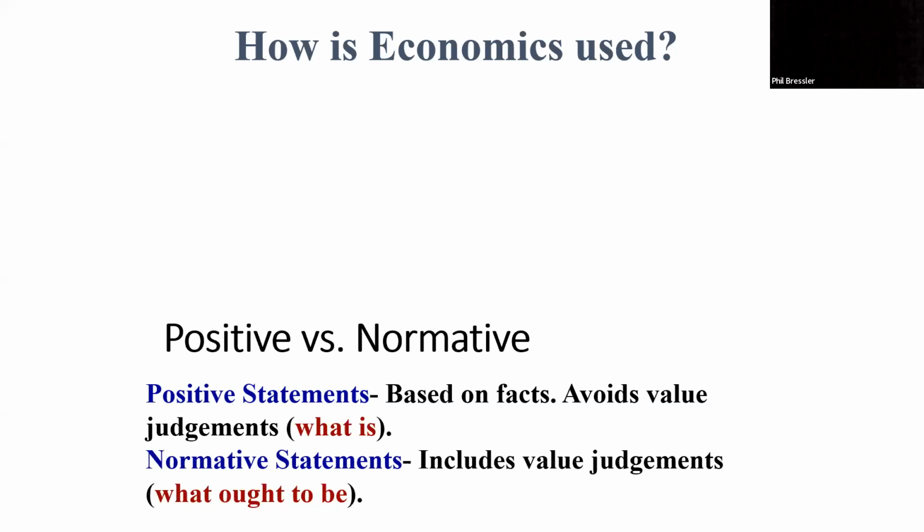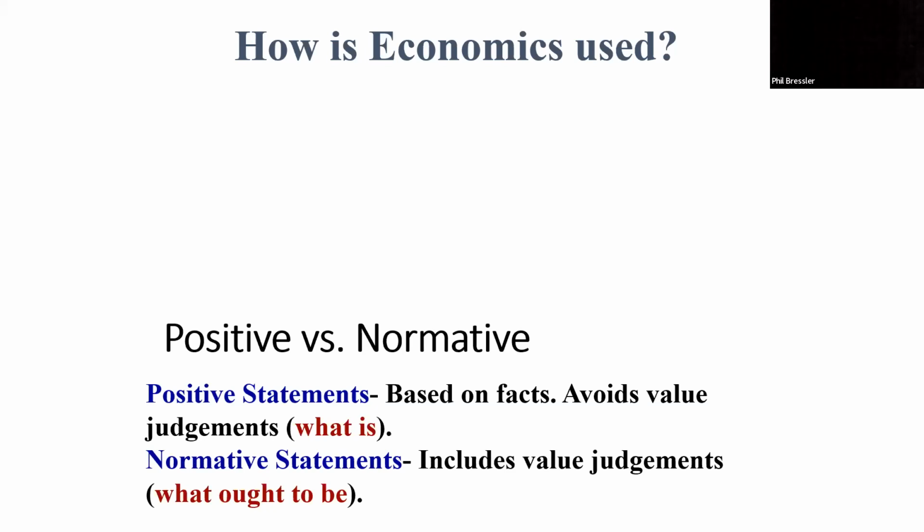The normative statement is more like a value judgment. So like Calvert Hall has 1,300 students. Why? Because we offer a diverse curriculum. Or why? Because Baltimore County schools are a mess. All of those are normative statements. They're not a fact. They're just judgments and values that we think is correct.